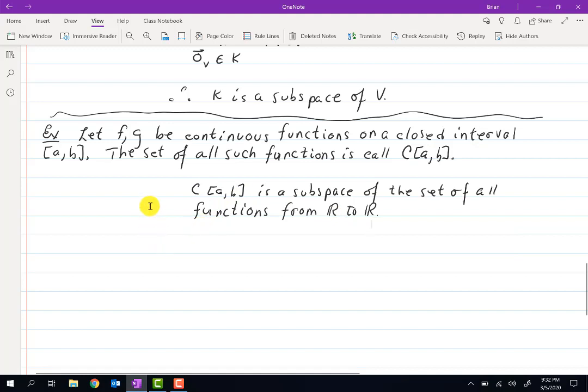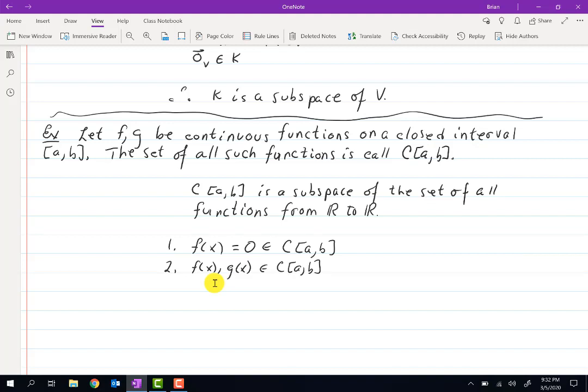You can see that by looking at the three axioms. The function f of x equals 0, just the zero function, well, that is a continuous function, so it is in C[a, b]. And then if I have f of x and g of x as continuous functions, then you should know from calculus that their sum is also a continuous function.